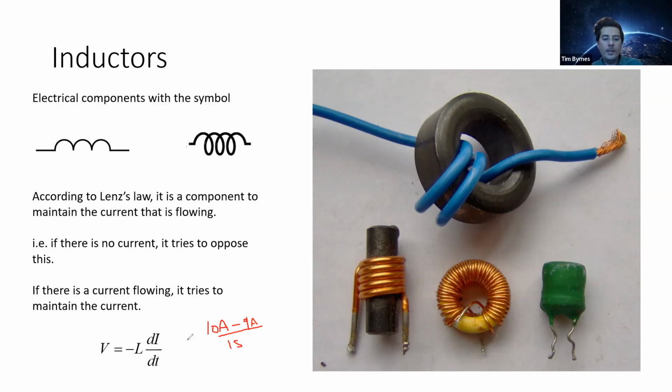I don't know what typical numbers are, but you just calculate this, and it's saying that a voltage will develop across these contacts according to this. So this is an electrical component which is used in various contexts, which we'll look at.